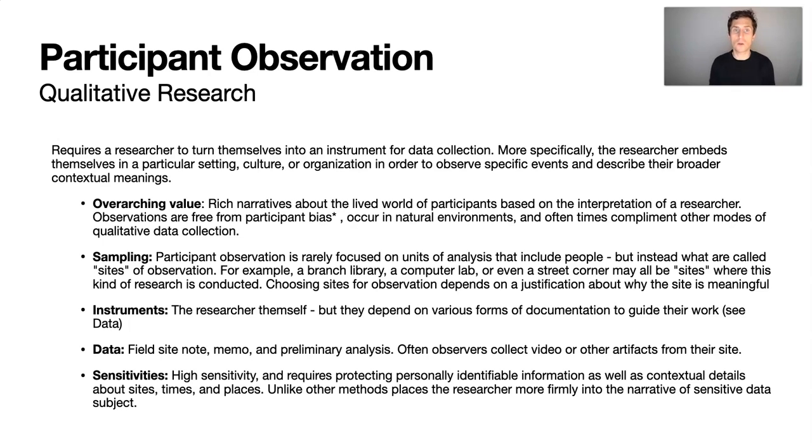The sensitivities that arise from doing participant observation are obviously of the highest order, right? We have participants, we have places, and we have maybe scenarios in which they're engaging with one another, or we're watching procedures unfold. So when we record information about people, and when we take things out of the field, such as images or sound recordings, one of the things we have to be highly sensitive to do is to manage those in ways that protect the personally identifiable information of our participants, but also, in that we are the instrument of interpretation, take steps to protect ourselves.